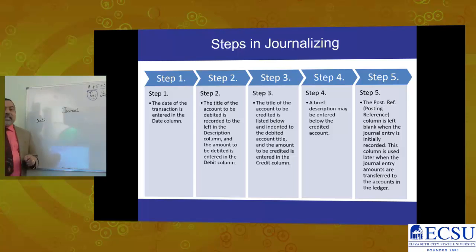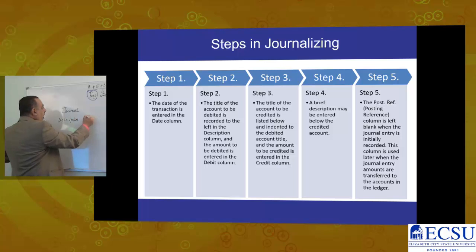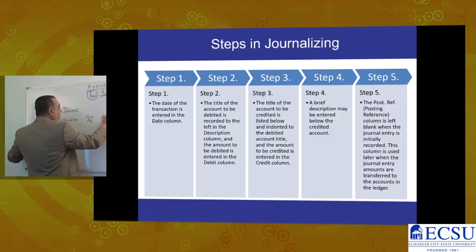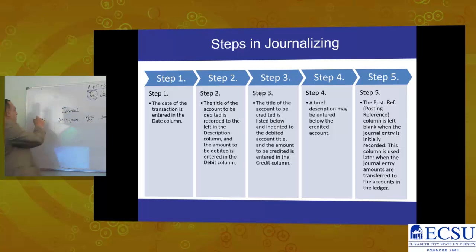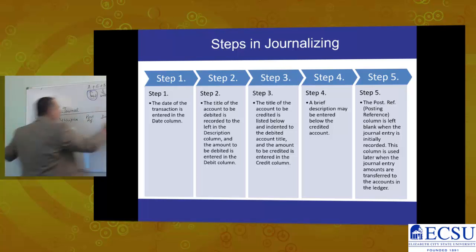The second step is that the title of the account to be debited is recorded in the description column, and the amount is recorded in the amount column. So I will have a description column, a posting reference column, and a debit and a credit column. These are the different columns that you will have in a journal.